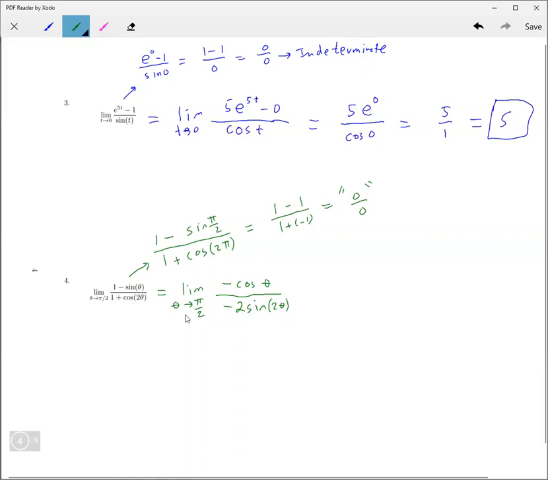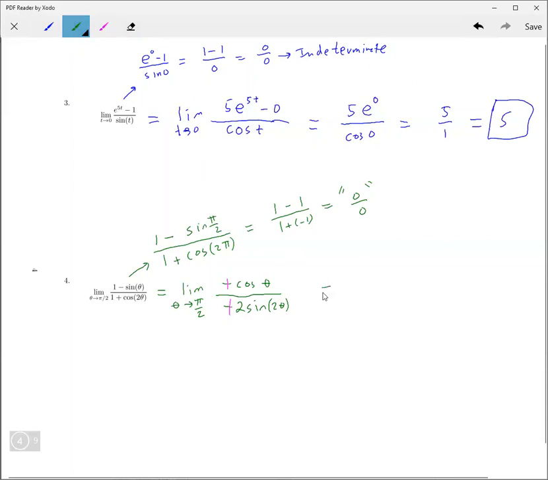Rather, the derivative of cosine is negative sine. Now these negatives are going to cancel, so let's just go ahead and wipe those out.